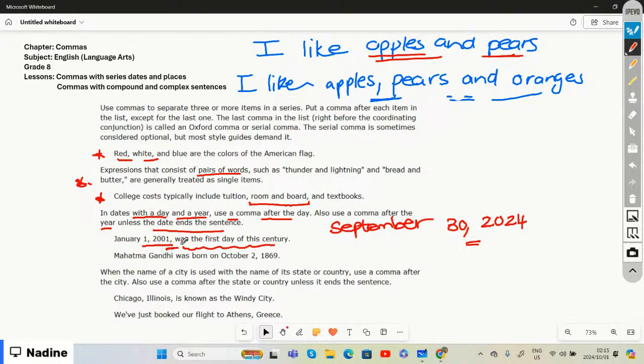Then we add a comma. Mahatma Gandhi was born on October 2nd, comma, 1869. No other comma afterwards because there are no other words after. So we basically just add our period.